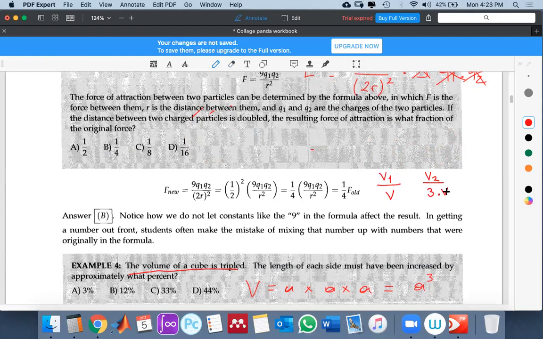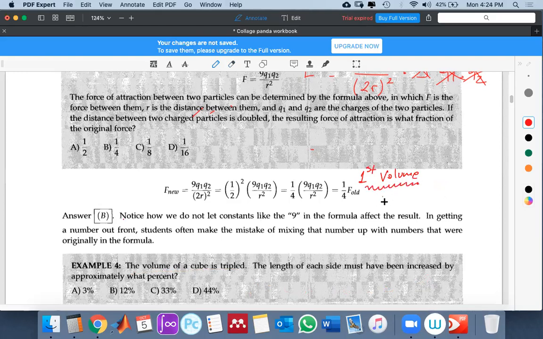Do you have any question for this? Sir, why is just one of them 3 times V? Why just one part of the fraction is 3 times V? Not a fraction.